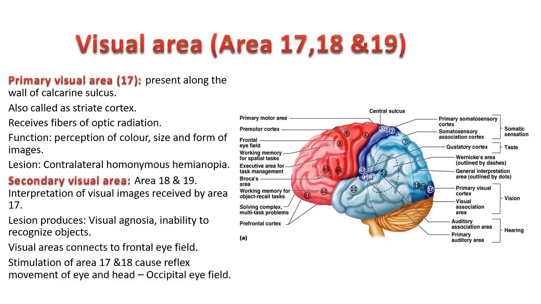So with this, I have discussed most of the important cortical functional areas, right from your motor area 4, then the premotor areas 6 and 8, then the frontal eye field, the prefrontal area, Broca's area 44, 45, sensory area 3, 1, 2, and then secondary and associated sensory areas 5, 7, then Wernicke's speech area, then visual areas 17, 18, 19, and auditory areas 21 and 22.